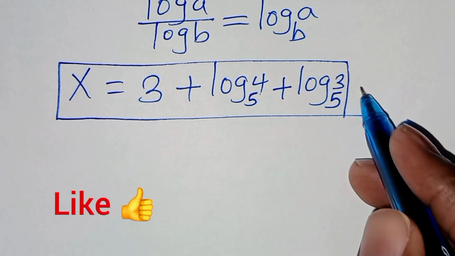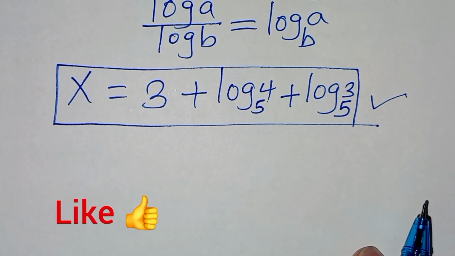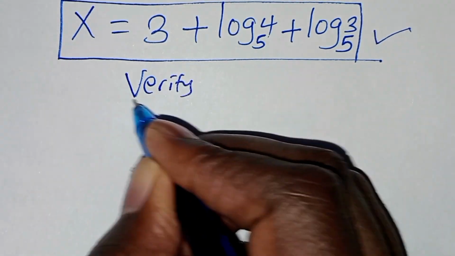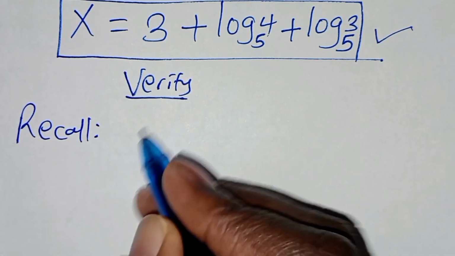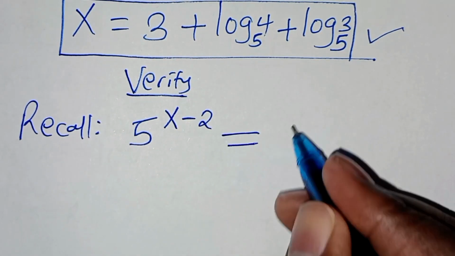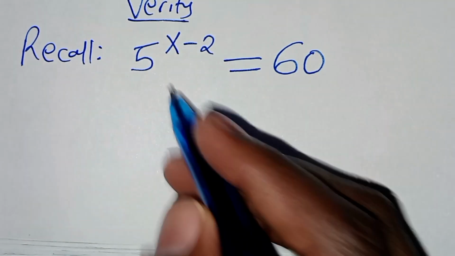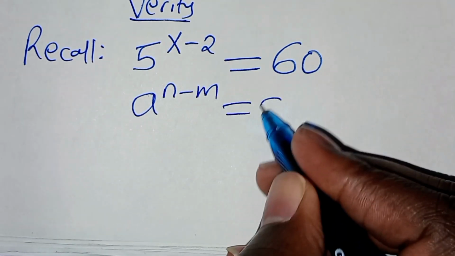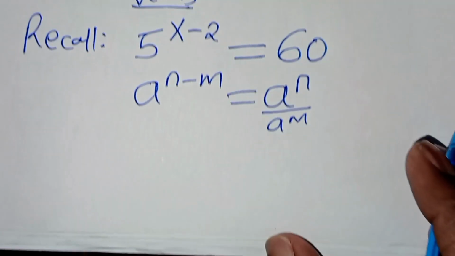Let's verify that this value of x satisfies the equation. If you recall, we entered 5 to the power x minus 2. This should give us a value of 60. This is in the form of a to the power n minus m, which we express as a to the power n over a to the power m.